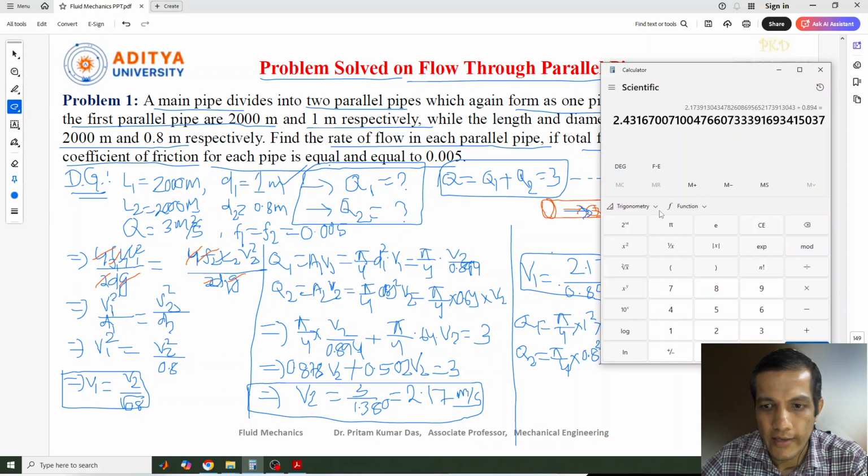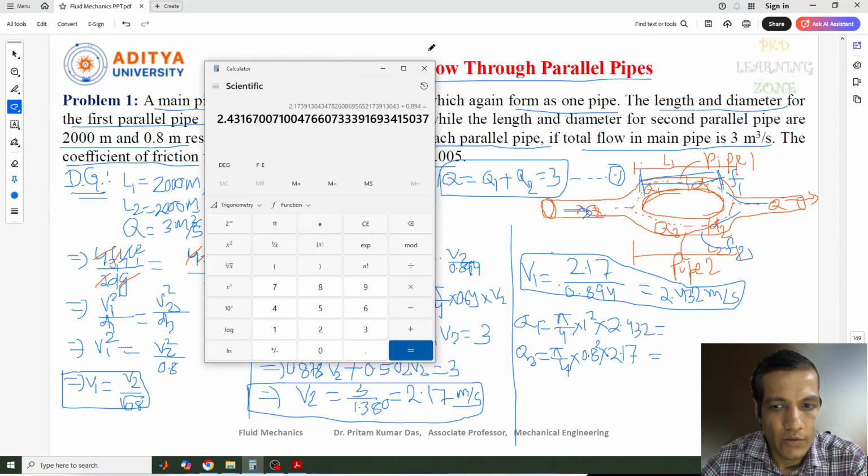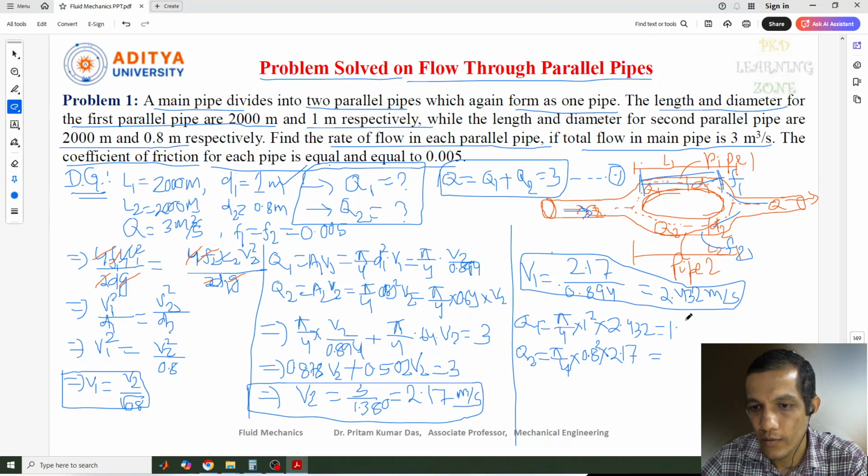So let's calculate this one by one. So this is pi into 2.432 divided by 4, 1.91. So this is 1.91 meter cube per second.